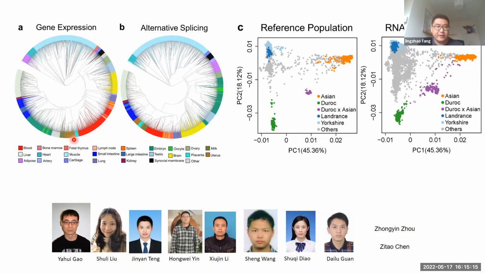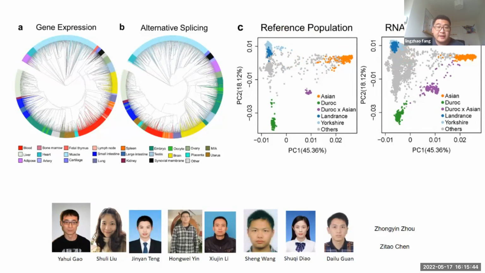And the same panel includes two plots. The left one is the sample cluster based on the genotypes from the reference panel, which is the whole genome sequence data. And this is the samples from the RNA-seq population, also clustered based on the genotypes derived from RNA-seq.